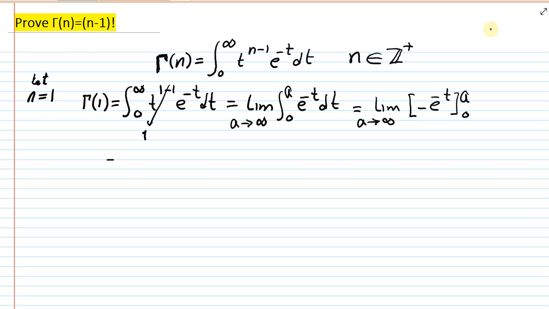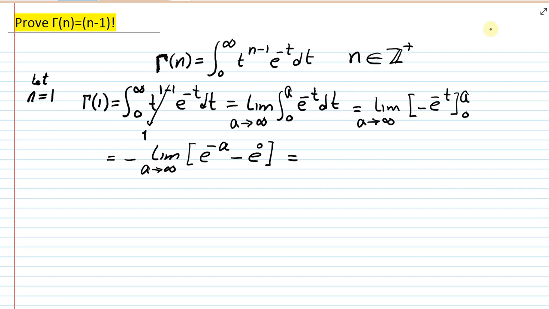And now we can apply the fundamental theorem. I'm going to bring this negative outside of the limit. So the limit as a goes to infinity of simply e to the negative a minus e to the 0. Right, this step is where the fundamental theorem of calculus kicks in.